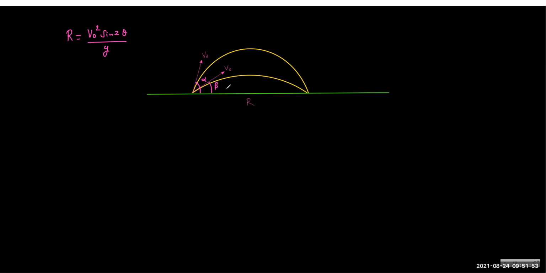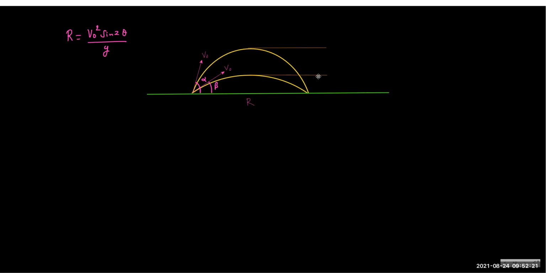And you can see clearly that they have different y components and different x components. So they have different maximum heights. Now, if the maximum height is different, what does it mean? That their y components must be different.